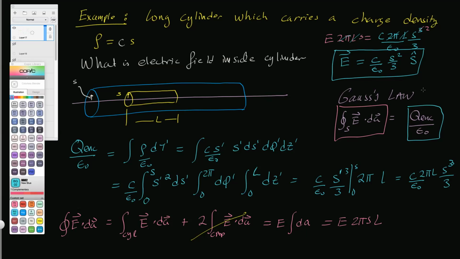Okay, we did spherical symmetry, cylindrical symmetry. Now let's do planar symmetry. Pretty much the only three things you've got to get the field out of, right? All right, let's do an example.